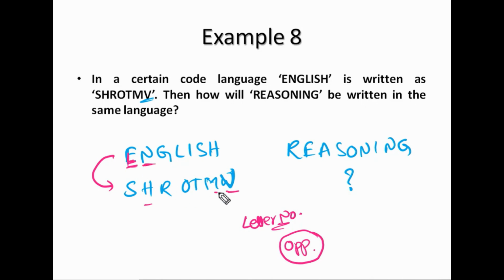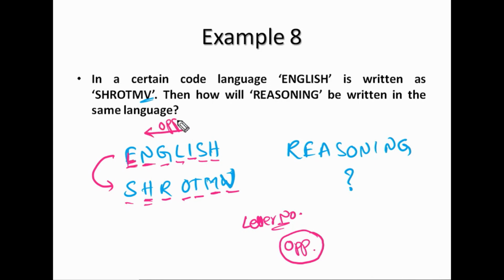The opposite letter of N is M. G T, Grand Trunk. L O I R, Indian Railways. S H, Hyderabad and Secunderabad. H and S. Okay. So here all the letters are replaced by the opposite letters, but they are written in the reverse order.